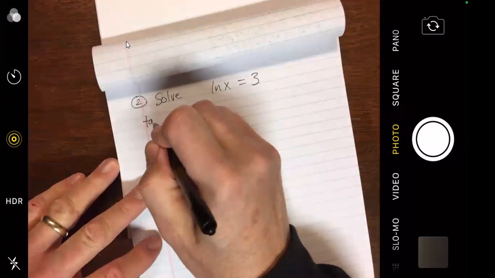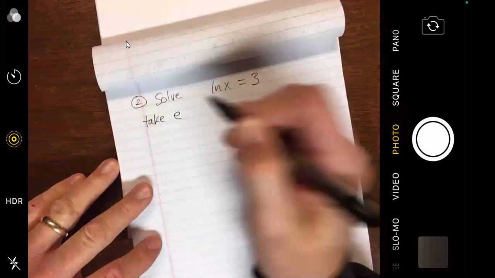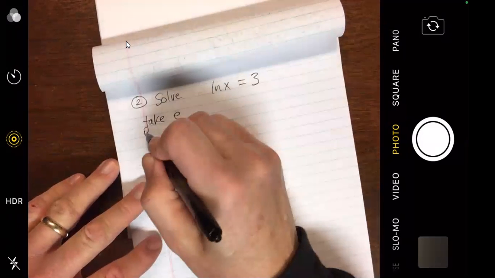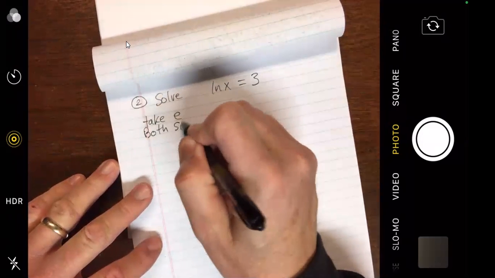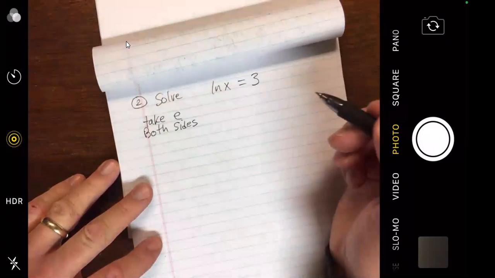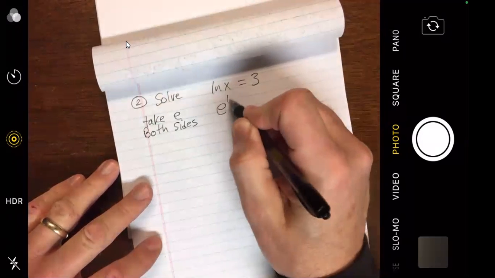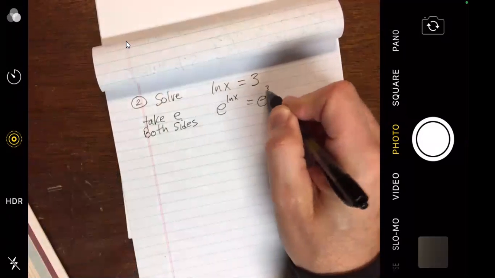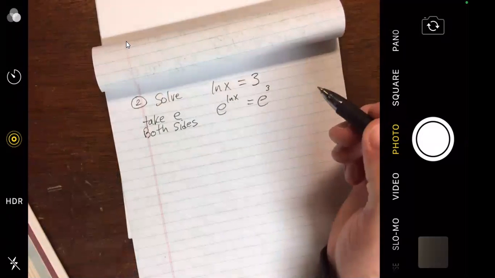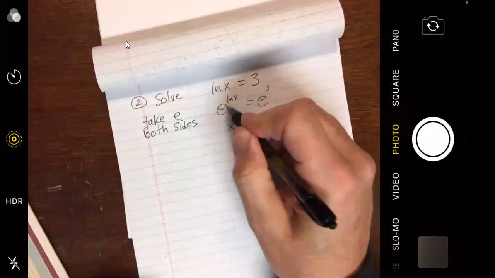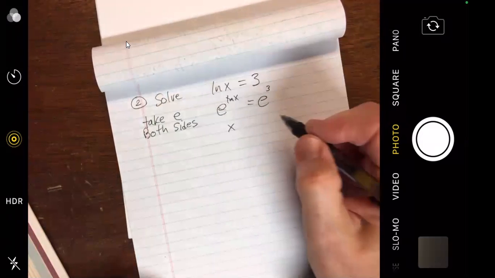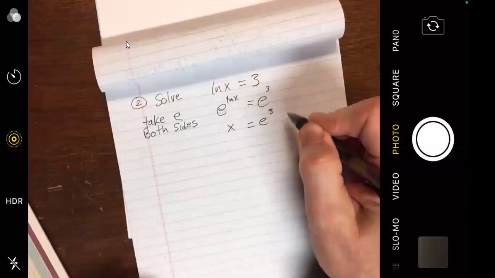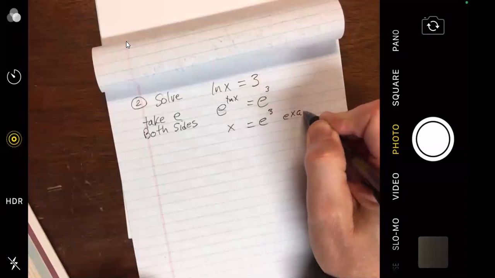So now I want to take e to both sides. e raised to the ln of x equals e to the 3 on this side. x then, because those will cancel, equals e to the 3. And again, that's an exact answer.